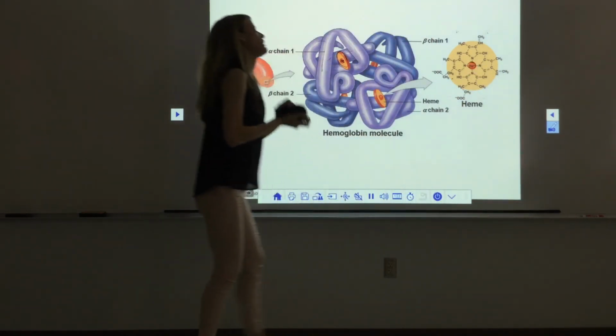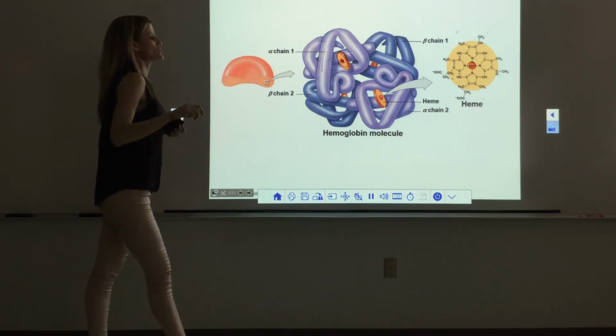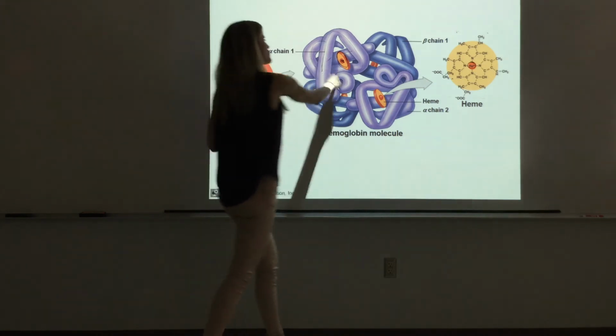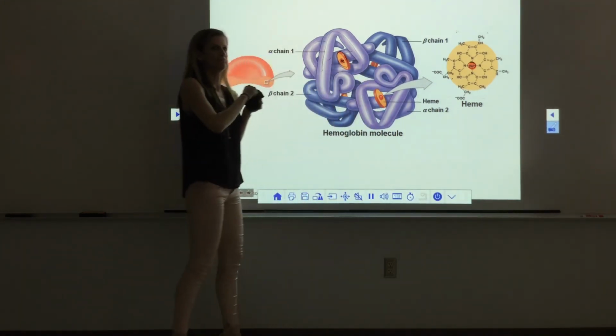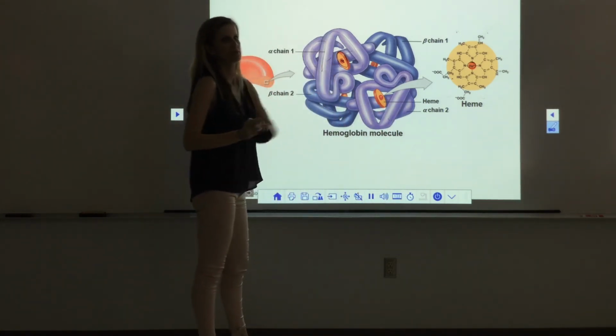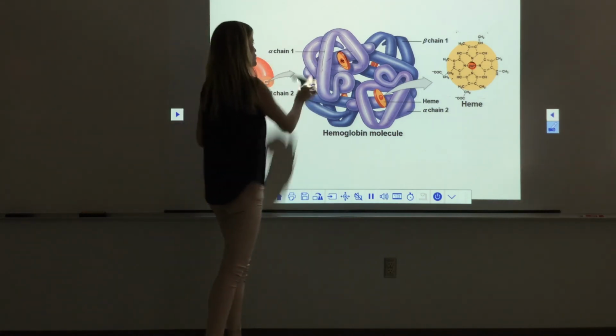Where does the oxygen bind? To the iron. So how many oxygen molecules could this carry? 4, right? 4 subunits, 4 heme, 4 iron, 4 oxygen. The CO2 binds to the protein subunits. The CO2 doesn't bind to the heme or the iron or anything. But again, there's 4 subunits, so 4 carbon dioxide.